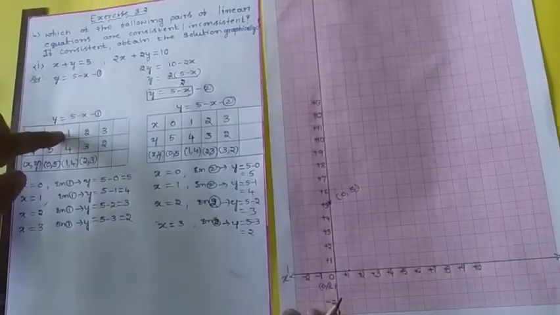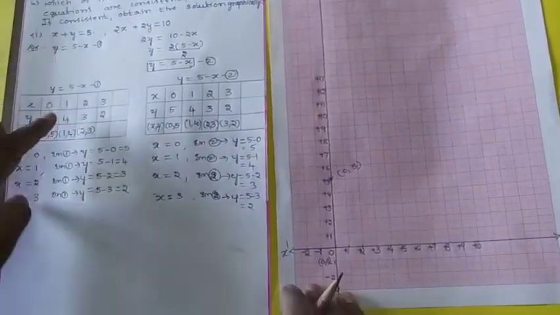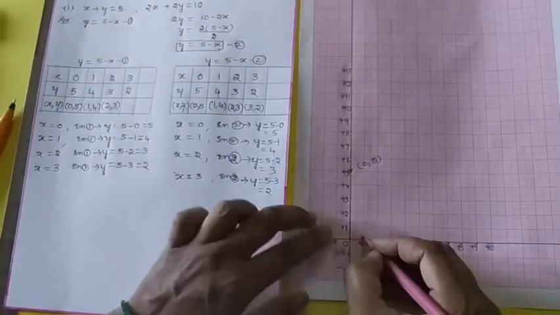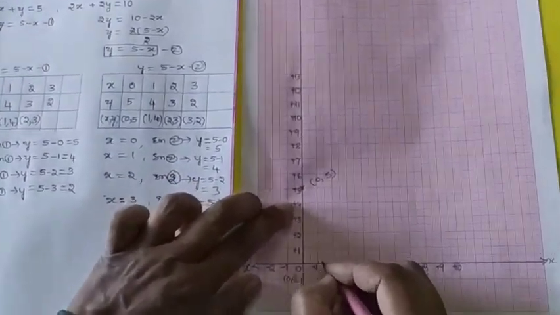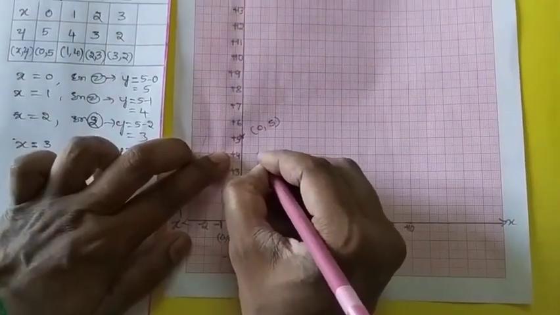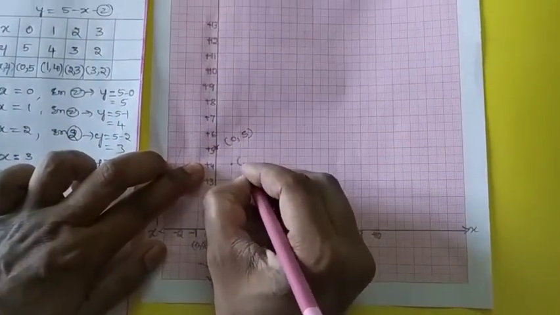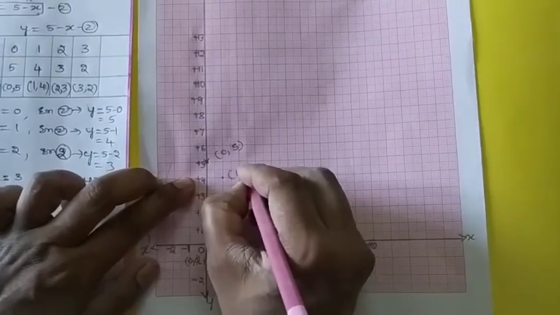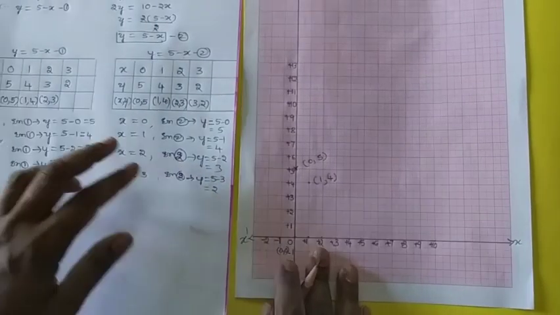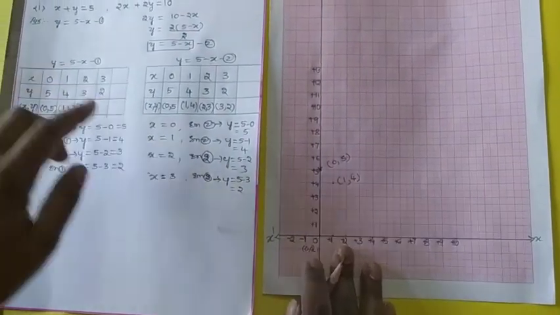Then second coordinate point is plus 1 and plus 4. Plus 1 is there in x-axis, plus 4 is in y-axis. Here your point is plus 1 and plus 4.